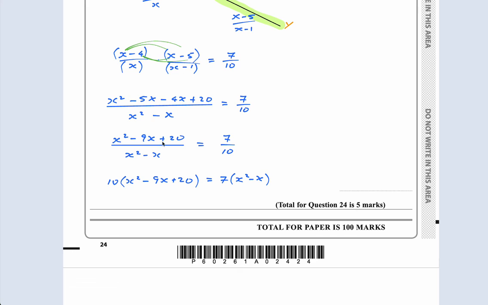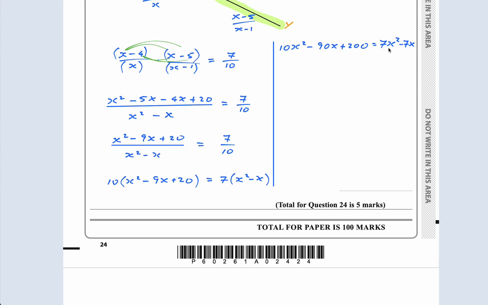Multiply both sides by 10 and multiply both sides by x squared minus x. Then I'm going to move up to here. Multiply out: 10x squared minus 90x plus 200 equals 7x squared minus 7x. So I've multiplied out by 10 and I've multiplied out by 7.